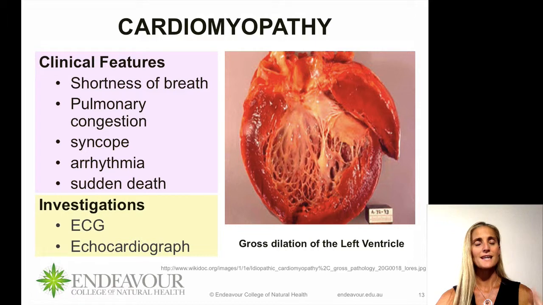So investigations, the ECG is usually abnormal, and it can show features of left ventricular hypertrophy. So we've looked at some of those, but it can also have a really wide array of quite bizarre abnormalities. So there's a few of those. So it can be things like a pseudo-infarct pattern and a deep T-wave inversion.